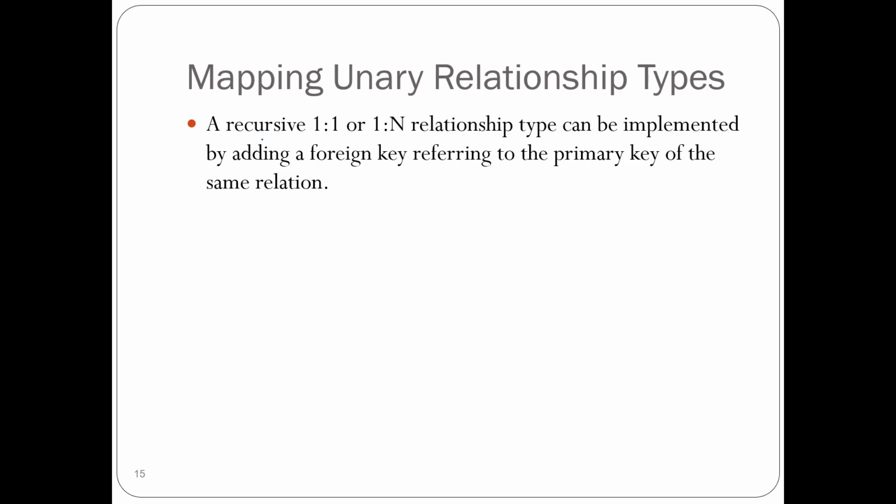Here we are discussing two possibilities, which is a recursive one-to-one and one-to-n relationship type. It can be implemented by adding a foreign key referring to the primary key of the same relation. This is recursive, therefore we don't need any other relation, just one relation is enough.